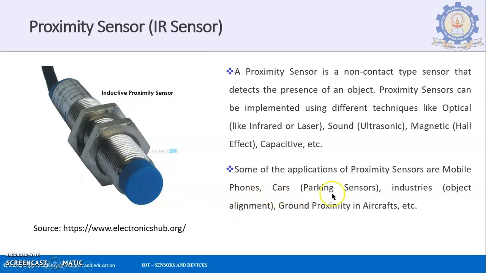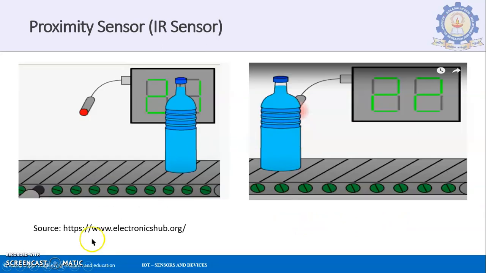Then car parking, where you normally keep it at the back tail of your car. It can be placed in different places to make sure that no objects are nearby when you're parking. Next, it is used in industries for counting the number of objects, which we will also look into, and ground proximity in aircraft, that is, how far it is from the ground and so on. So we'll be looking into some examples here.